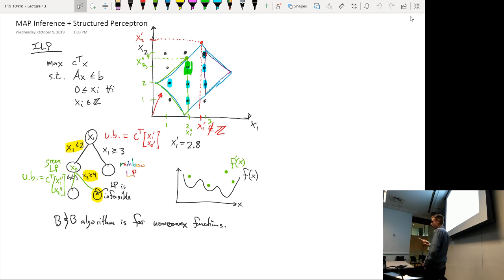And so in that case, the bound is actually tightened, right? So the upper bound at the root node of our branch and bound tree was all the way up at whatever that red node is. And for the side where x1 was less than or equal to 2, we actually got tighter on that left side.